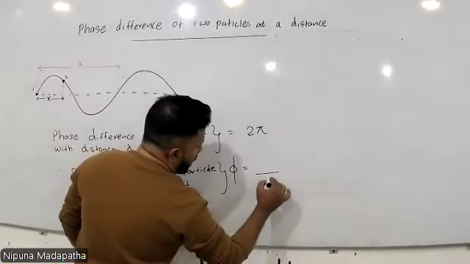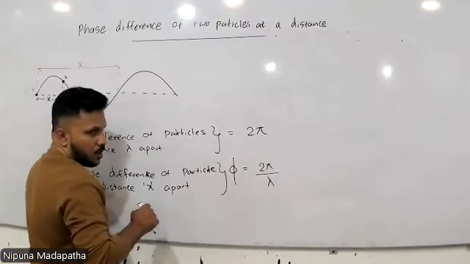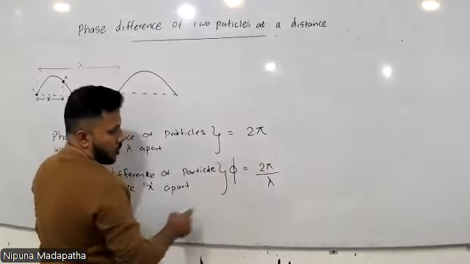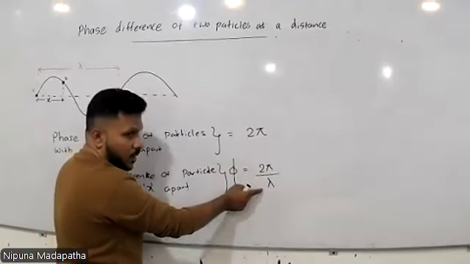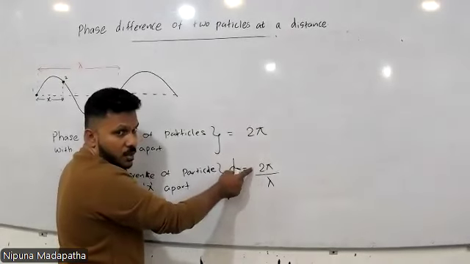For lambda distance, it is 2π phase difference. So this is the phase difference per unit length. For lambda distance, the phase difference is 2π.